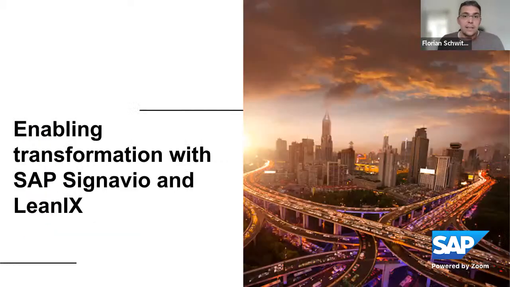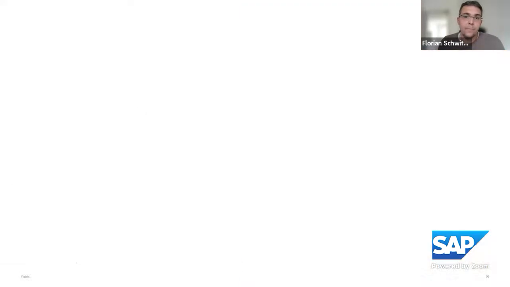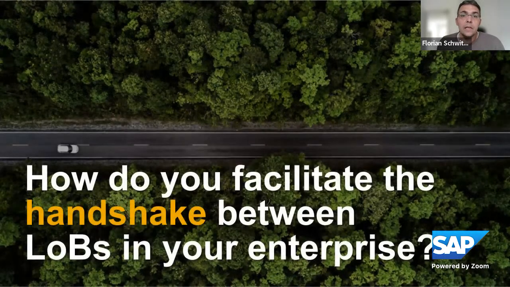Let's start with the first point of the agenda, enabling the transformation with SAP Signavio and LeanIX. There's a lot of transformation out there. We all know that. Some of these projects come from internal initiatives. Others are caused by change which is driven from the outside.